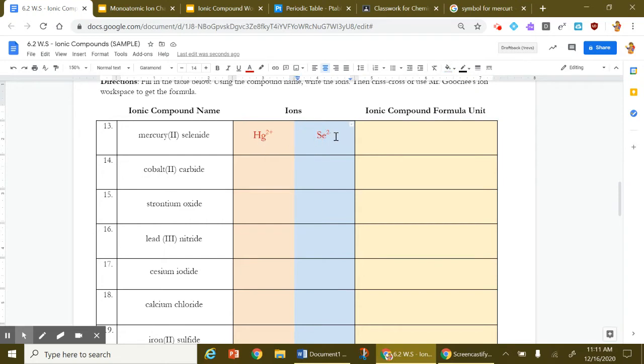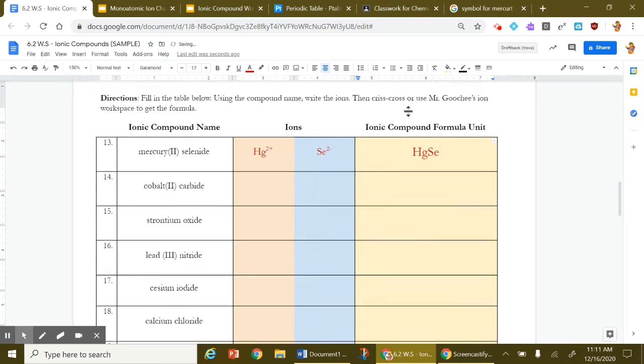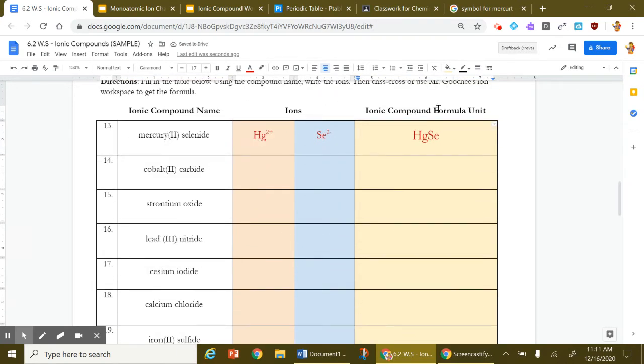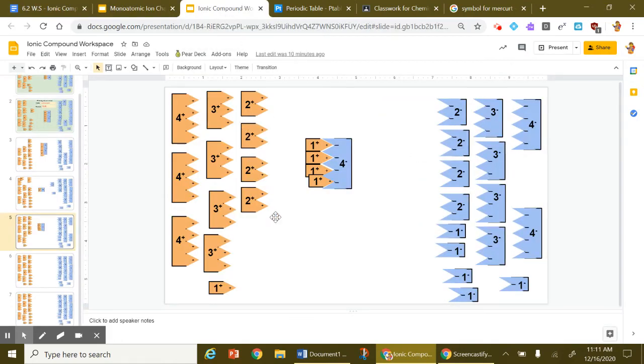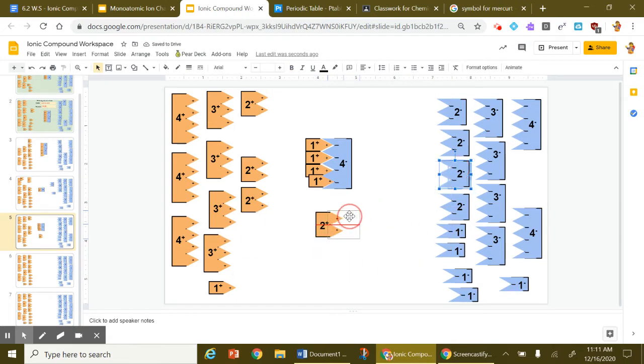Mercury is 2 plus, selenium is 2 minus, so you're just going to end up with one of each. Hg, Se, mercury 2 selenide. And just in case you're wondering, mercury is 2 plus, selenium is 2 minus. There we go. So yeah, that works.